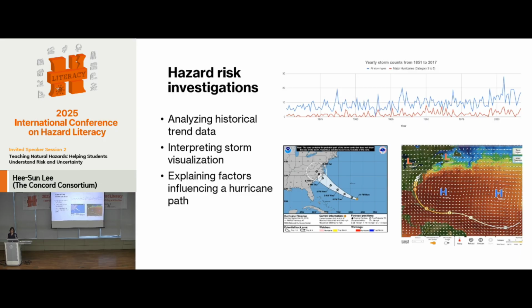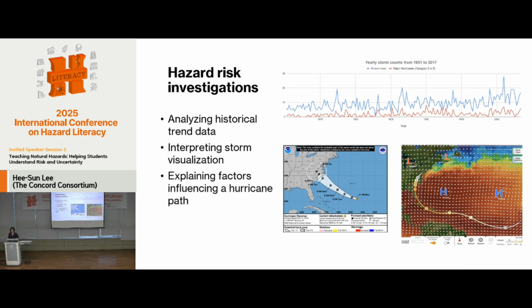So we give these cone of uncertainty maps and have students think about people living outside of a cone of uncertainty, whether they are going to be impacted or not impacted, and how strongly they believe in their decision on who will be impacted. And then the third one is actually the simulation.